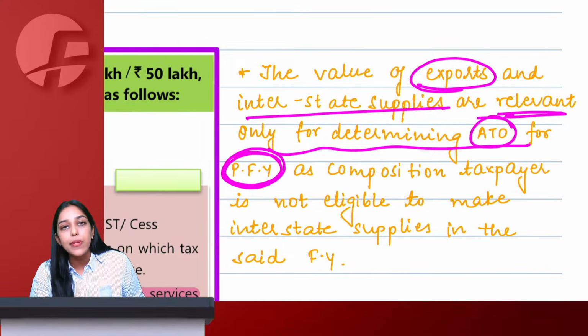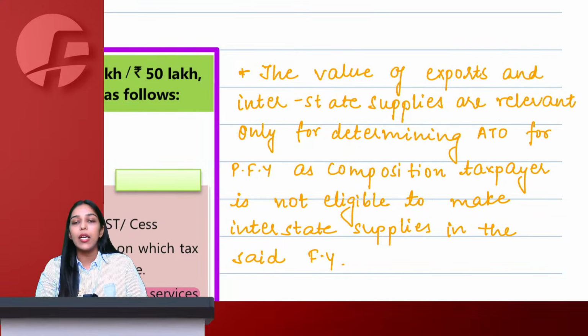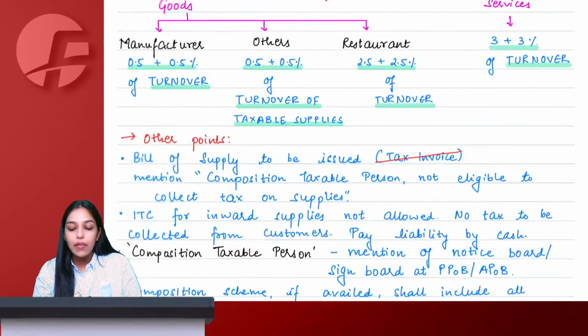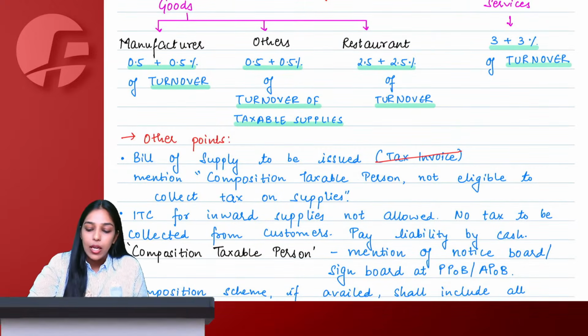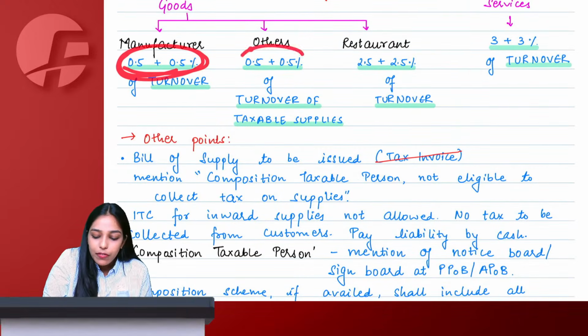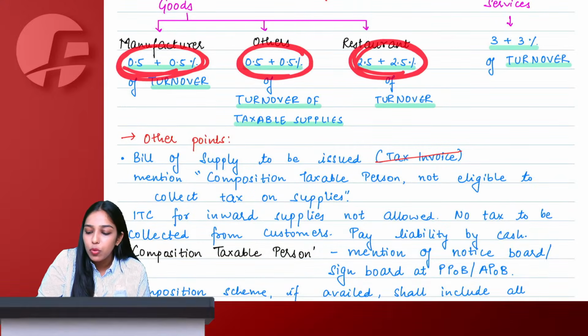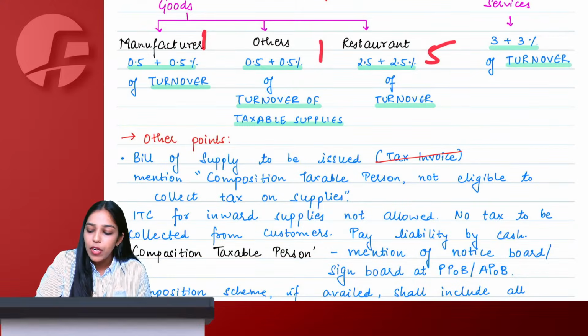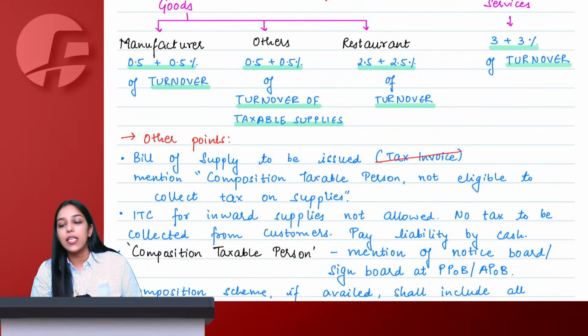Once I become a composition person, then I will not be allowed to make any kind of interstate supply, because whatever supplies I make are always going to be intrastate only. Therefore, we are saying 0.5 plus 0.5, 2.5 plus 2.5 and 3 plus 3, which effectively means 1%, 1%, 5% and 6%. Say yes or no.